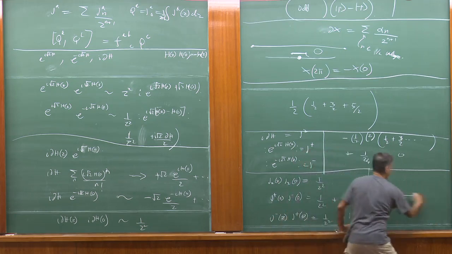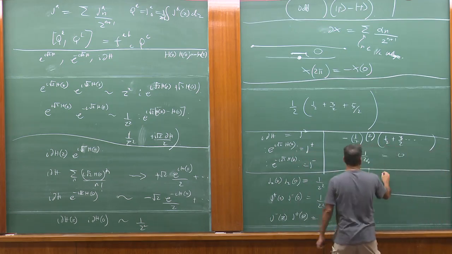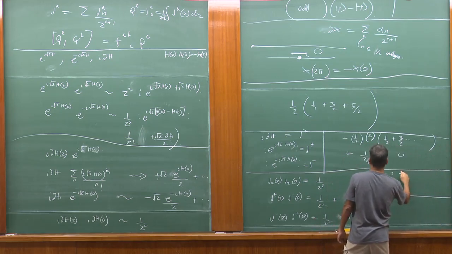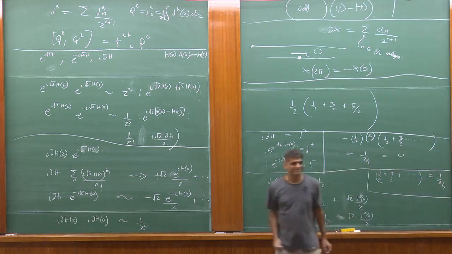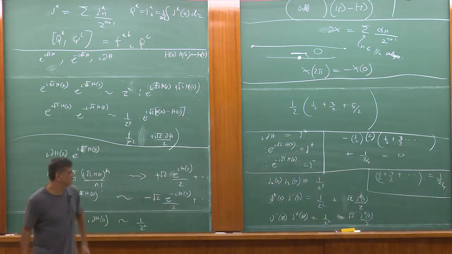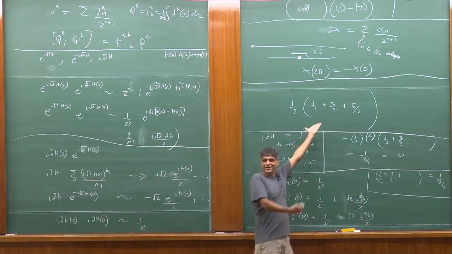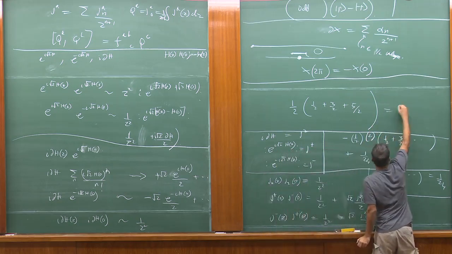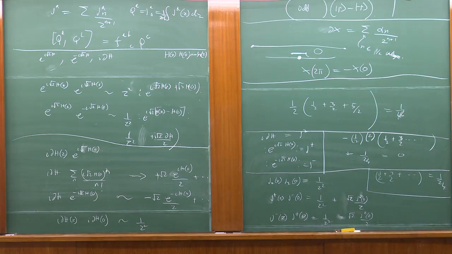Okay? And therefore we concluded that half plus 3 by 2 plus and so on was equal to 1 by 24. It's the same calculation. So this quantity therefore is equal to 1 by 48, because it is half of 1 by 24.